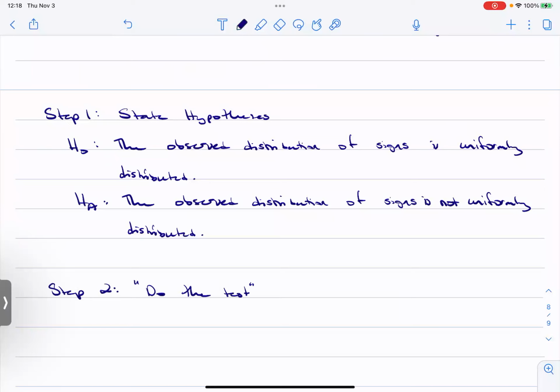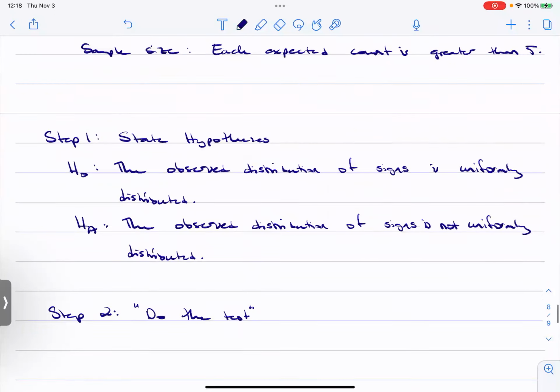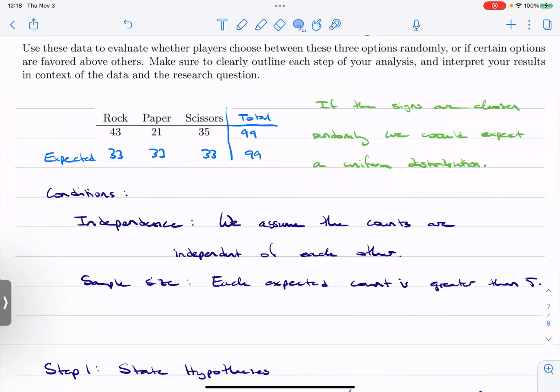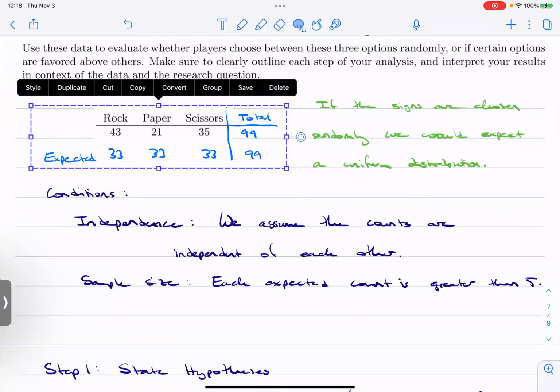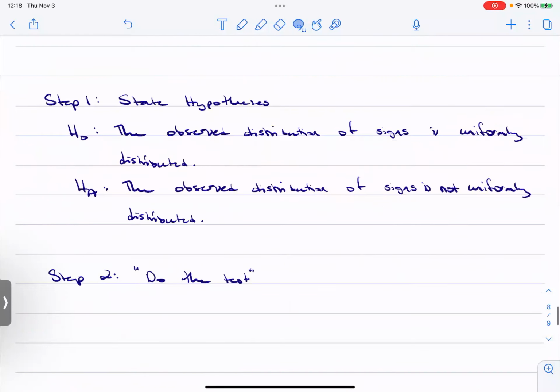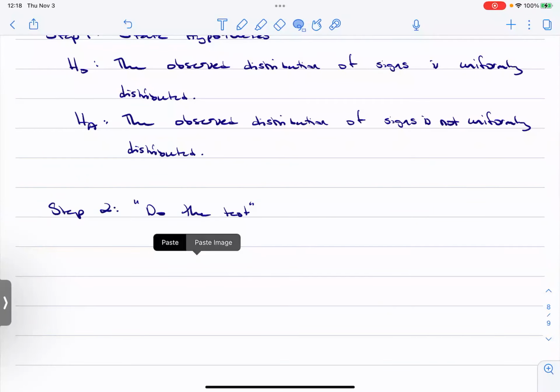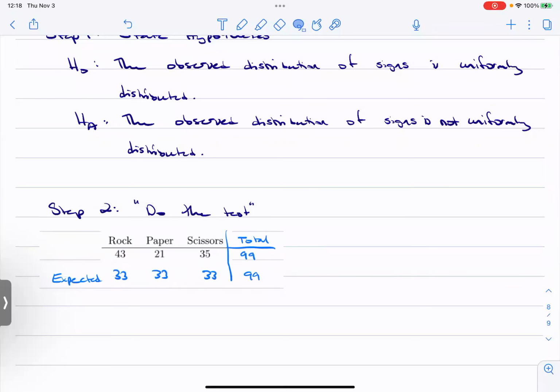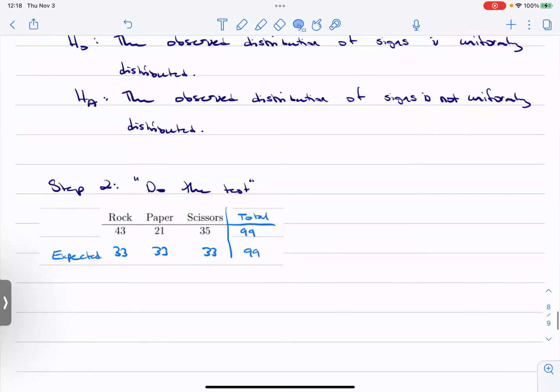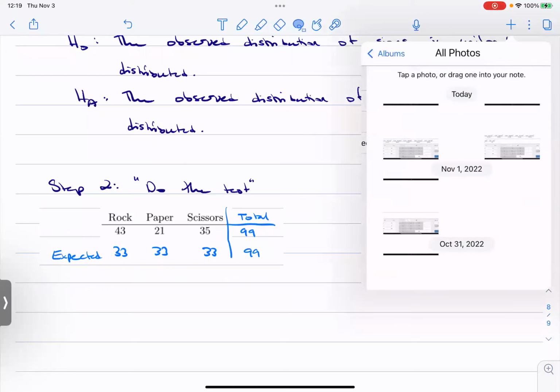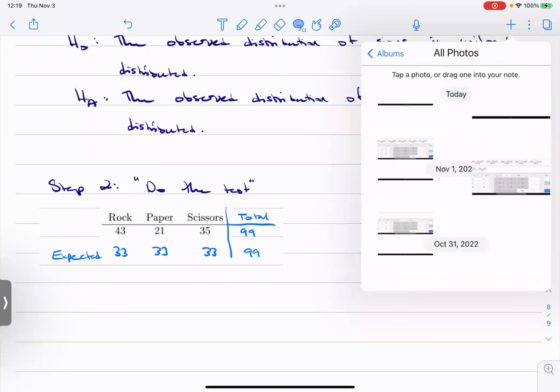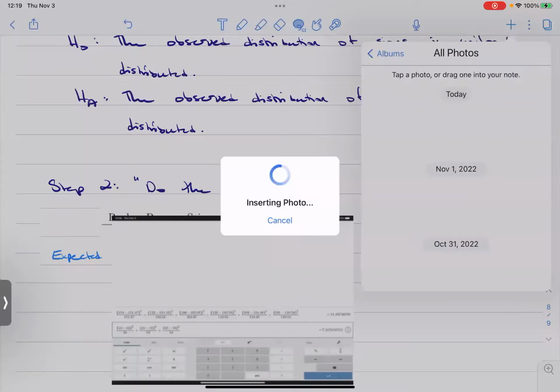Doing the test is a lot easier for a one-way table than a two-way table. I've got these observed counts and my expected counts. I am going to cheat again.